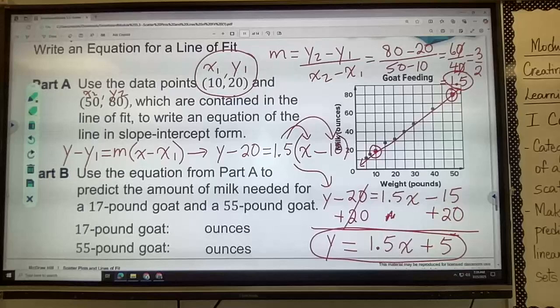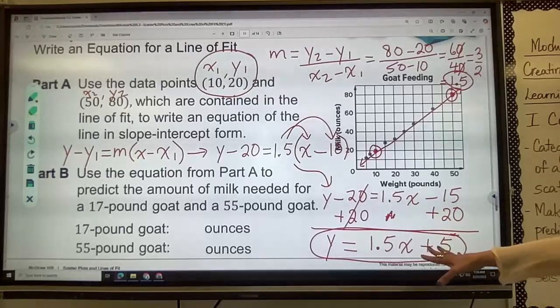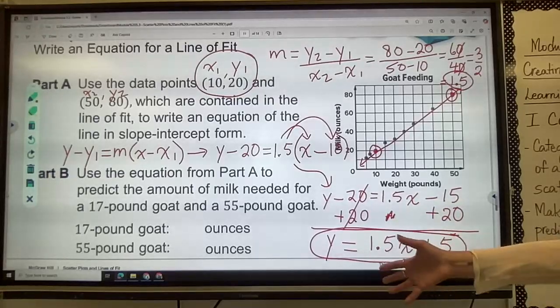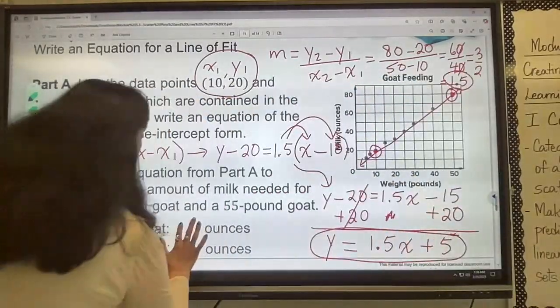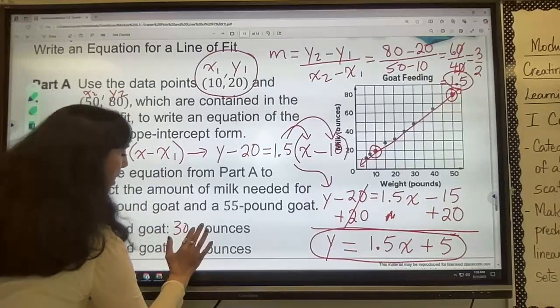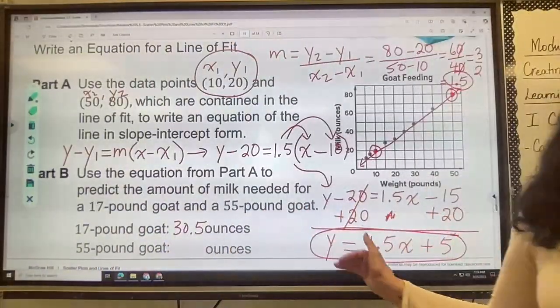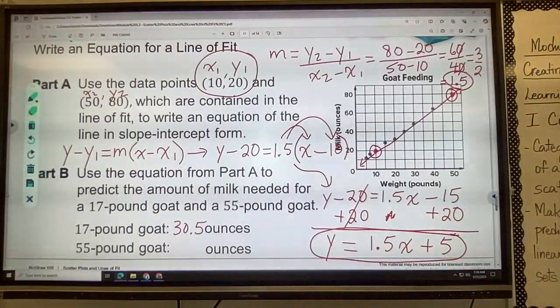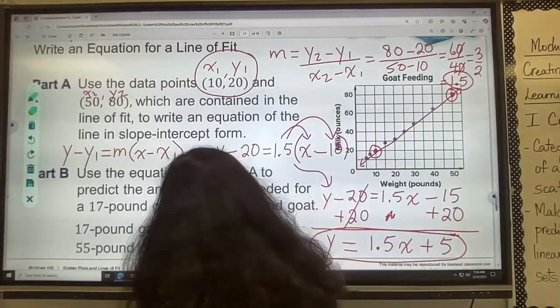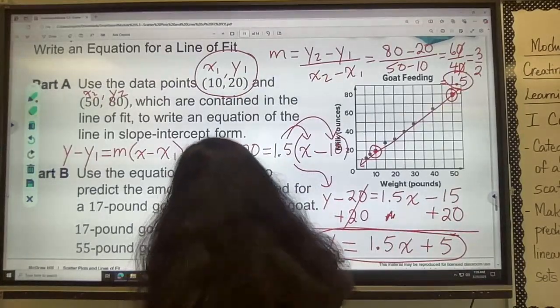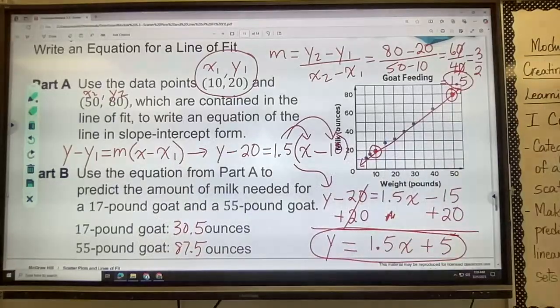And when I substitute the values using this equation, I am going to get 30 and 5/10 ounces for this one. Remember, I'm just substituting the value of x. And then in the other one, for the 55-pound goat, I am going to get 87.5, or 87 and 5/10 ounces.